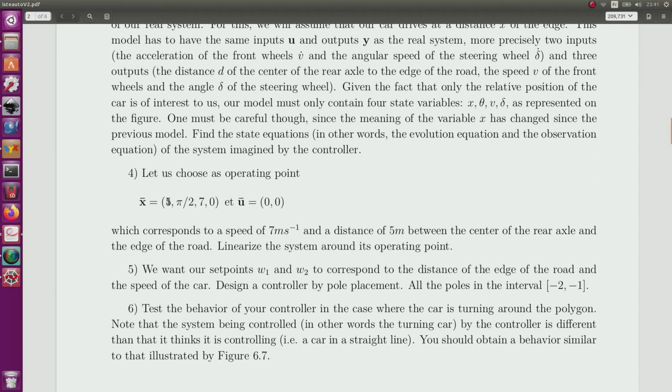This means that the distance to the wall is 5, the angle is pi divided by 2, it means parallel to the wall, the speed is 7, and the angle of the wheels is 0. Also, the control is 0. So, around this operating point, I will linearize to approximate my system by a linear system in order to find the controller in the next question.